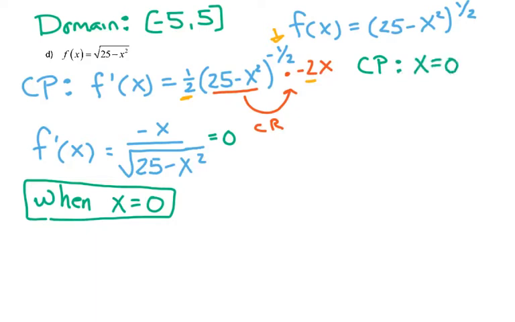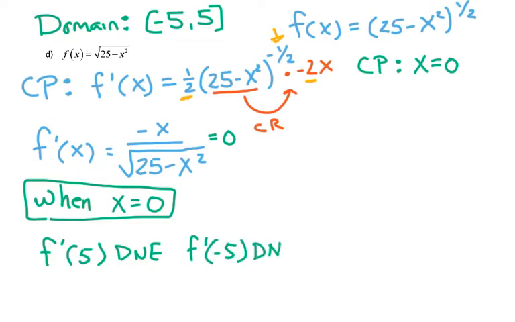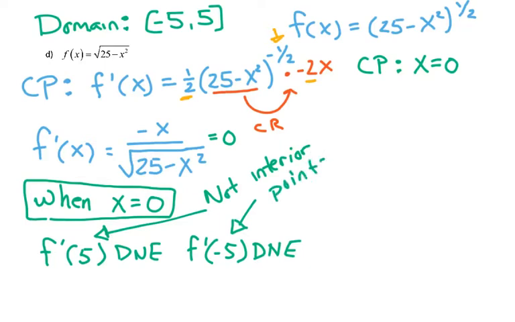Now notice the derivative is not defined at 5 and negative 5, but these are not interior points of the domain. So they don't count as critical points.